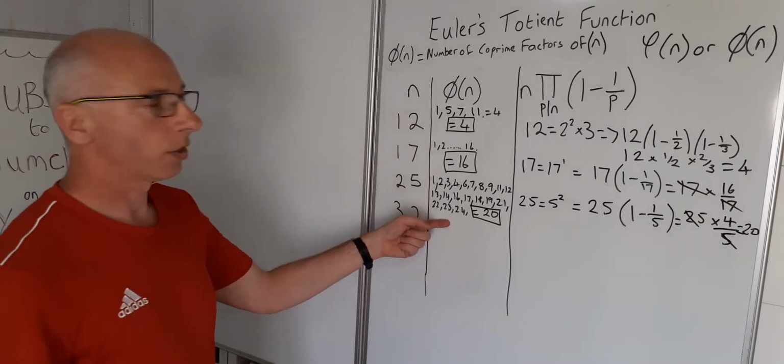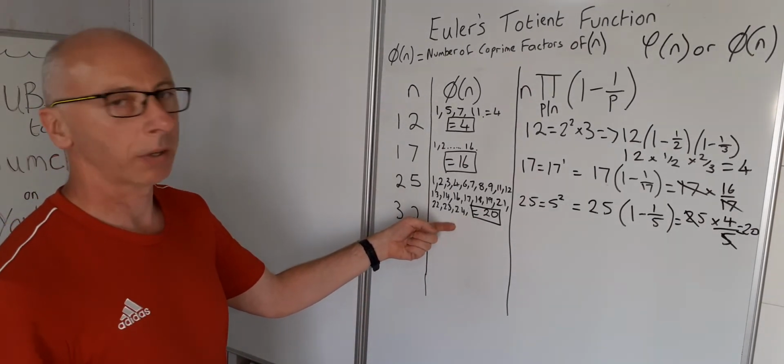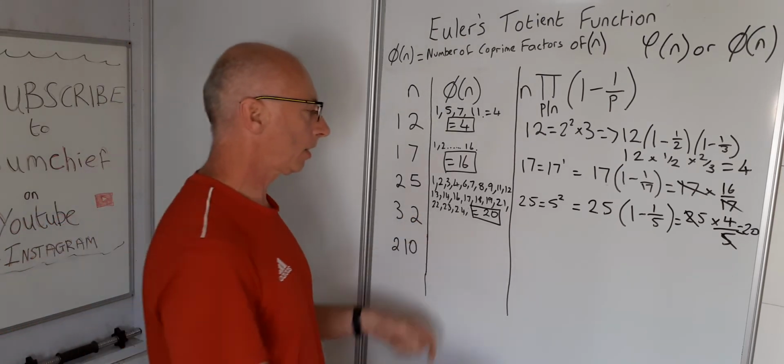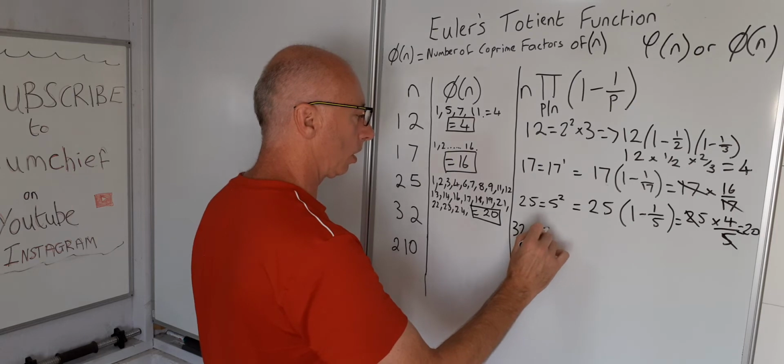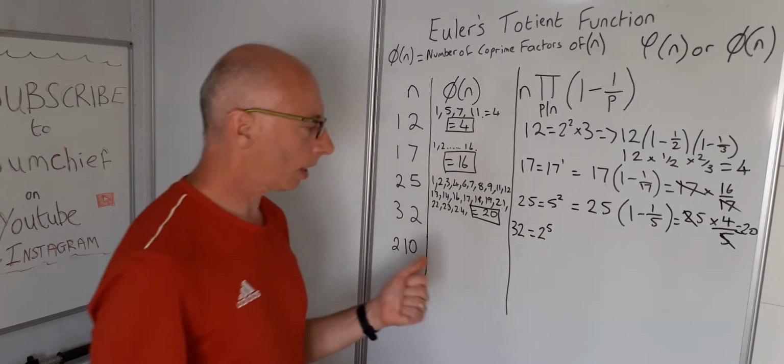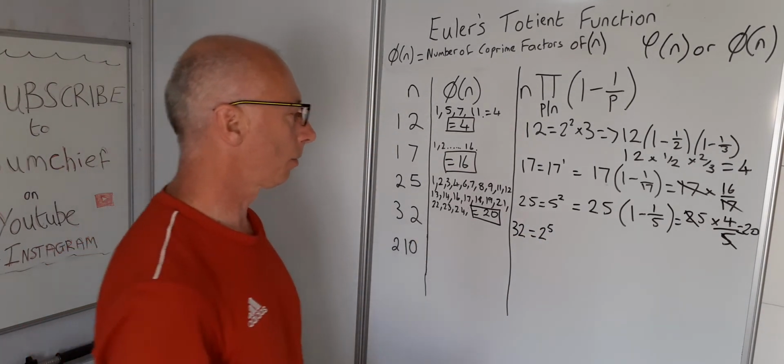Okay, 32. Now I won't go through all the factors of 32, but what we can say is that 32 equals 2 to the power of 5, 2 times 2 times 2 times 2 times 2.